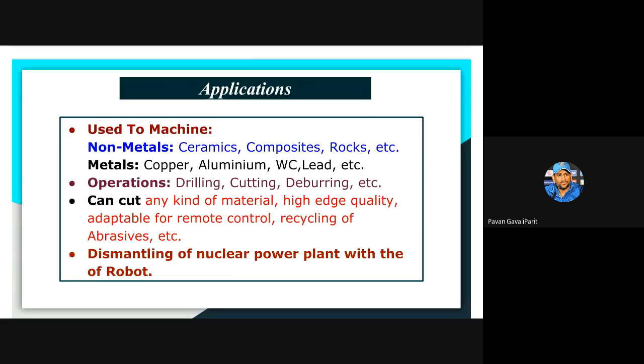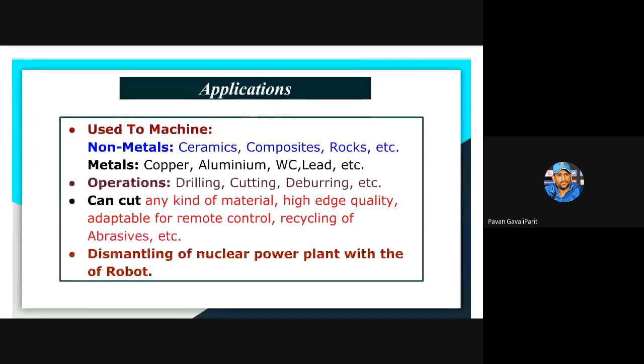Then again, you can use this process for various kinds of operations.